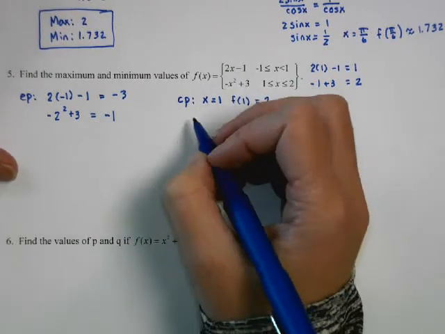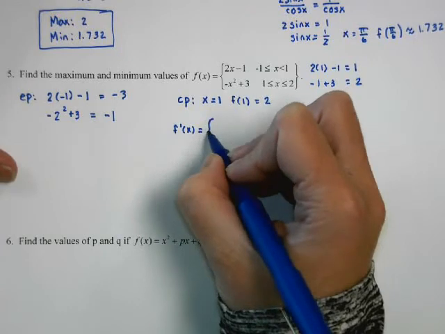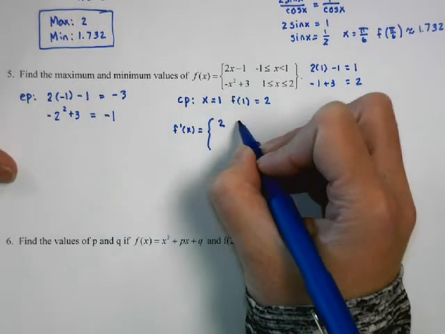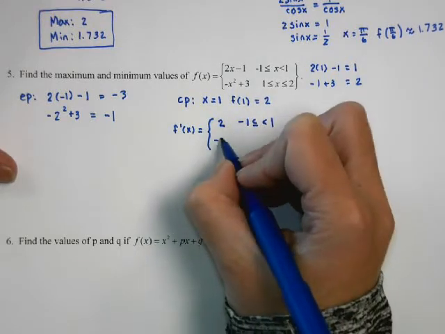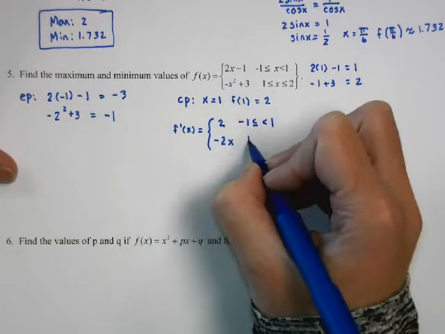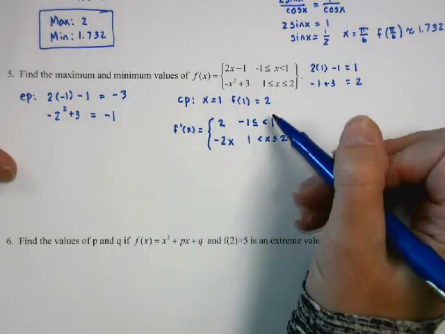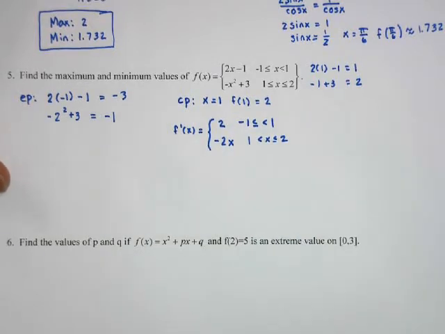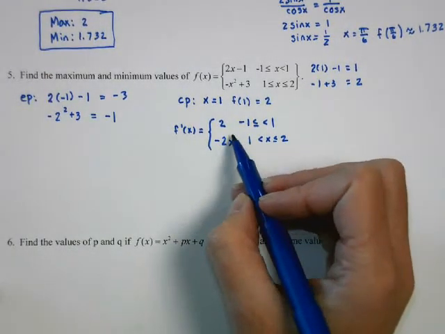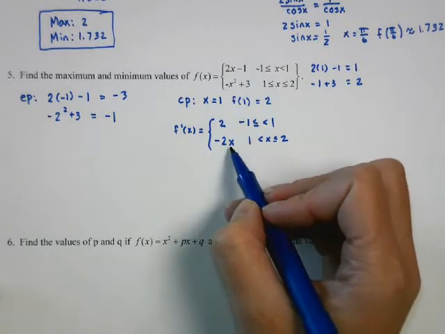For the derivative of f of x, we're going to have 2 between negative 1 and 1, and we're going to have a negative 2x from 1 to 2. We don't include the 1 because, again, it's not differentiable there, so the derivative is not defined. Well, this one is never 0. This one is 0 when x is 0.